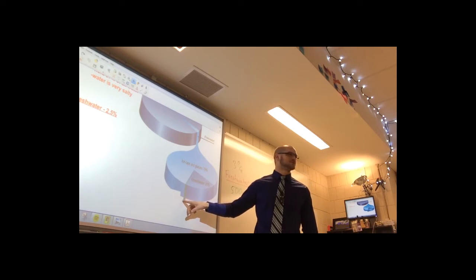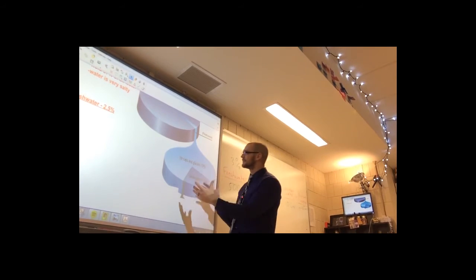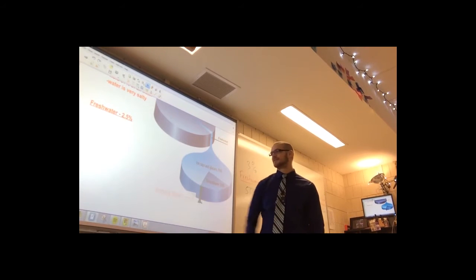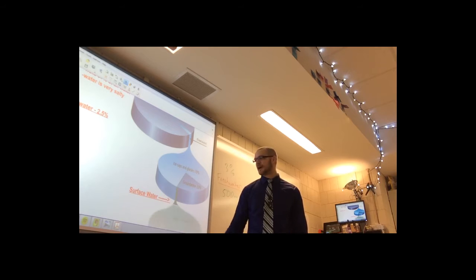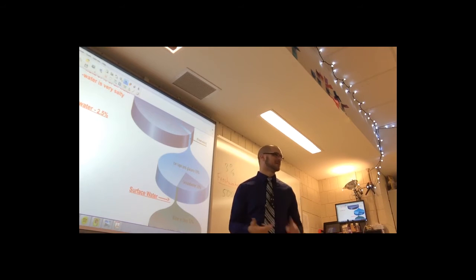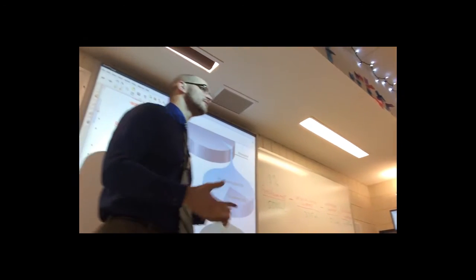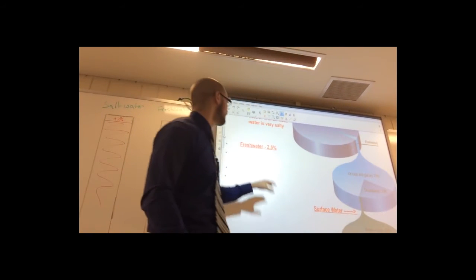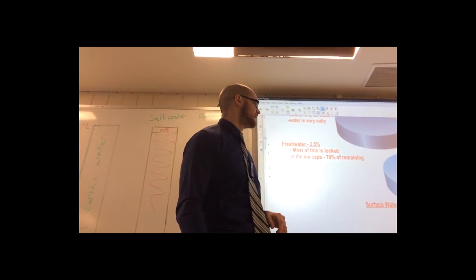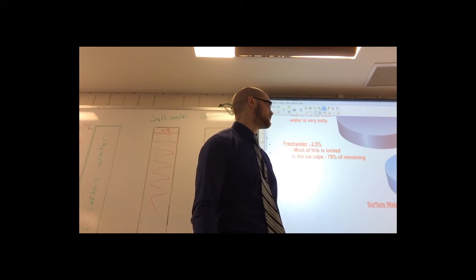Are we done talking about fresh water? No, there's one more piece of this pie, this little sliver. This little tiny sliver of the little tiny sliver is all of our surface water. So this whole bottom graph is Lake Superior, Lake Michigan, the whole Great Lakes and rivers and everything else, this 1% of our freshwater.